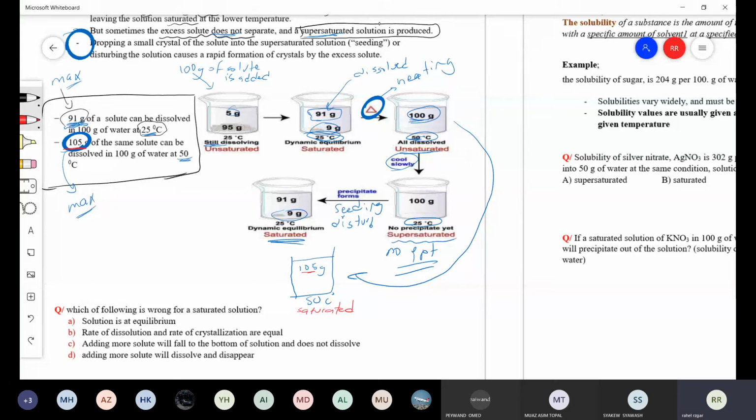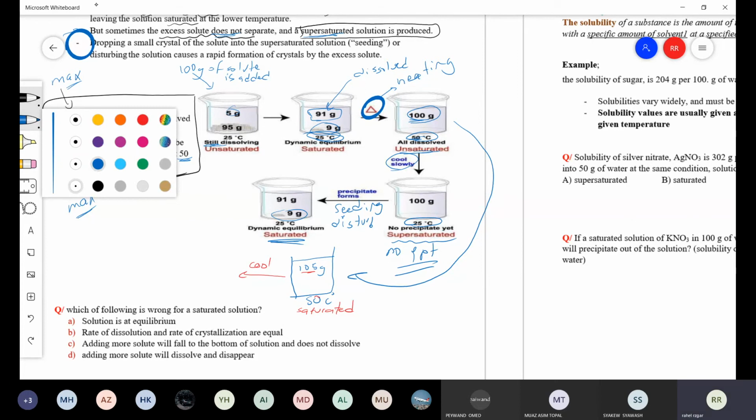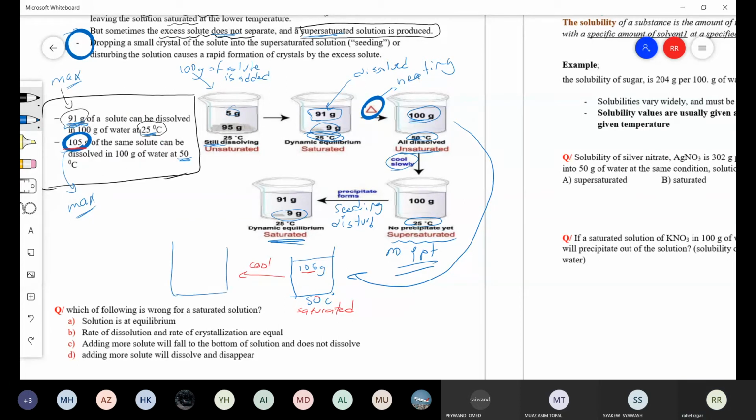What happens if we cool down this one? And we don't disturb it. We cool it down, we don't disturb it. Cool down to which Celsius?